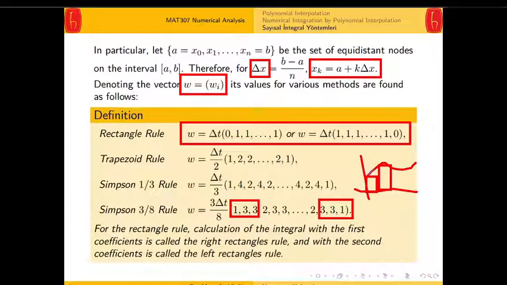So, for example, here we use the left end for computing the numerical integral, and here again the left end. So this will be the left rectangle rule.